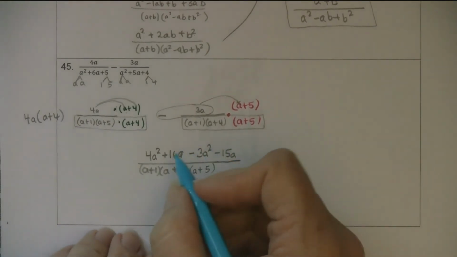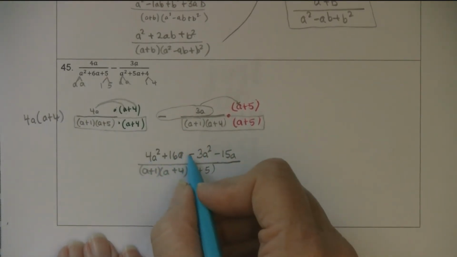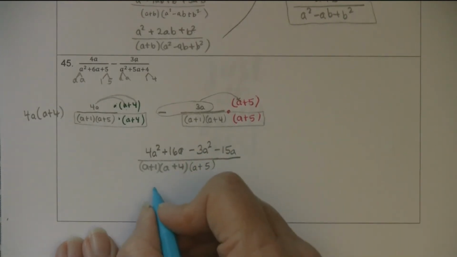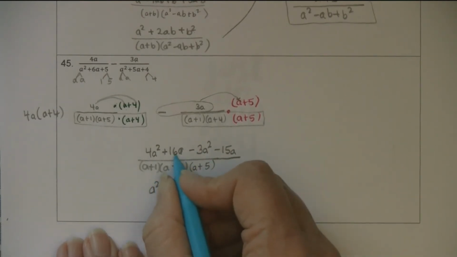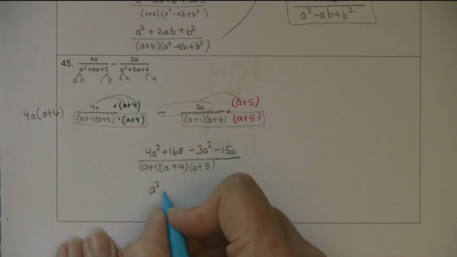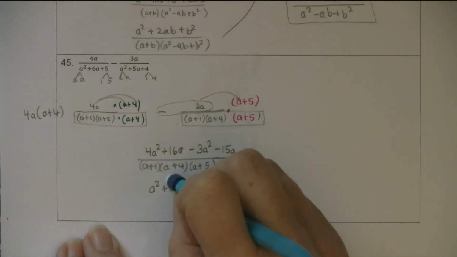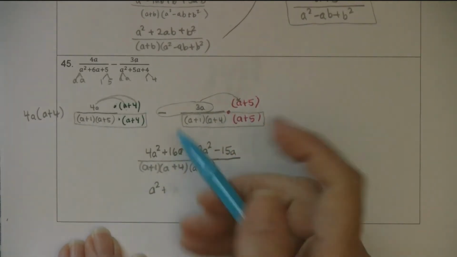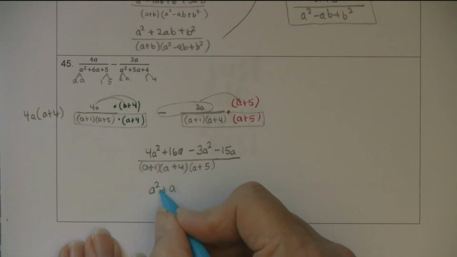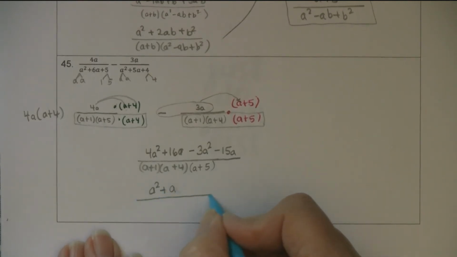Then 4a squared minus 3a squared is a squared, and 16a minus 15a is 1a, or just a, all over the common denominator.